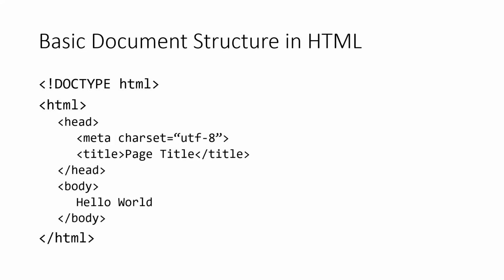The actual content we put in the body part. For example, here we have hello world. As I told you earlier, we start with the doctype HTML, which is the declaration that the whole document is in HTML5.